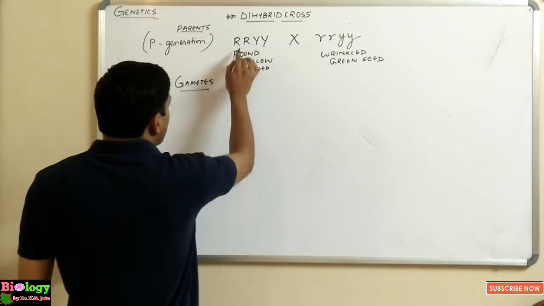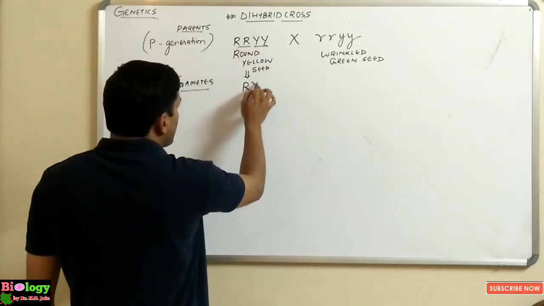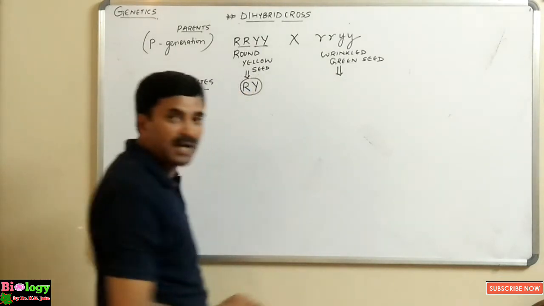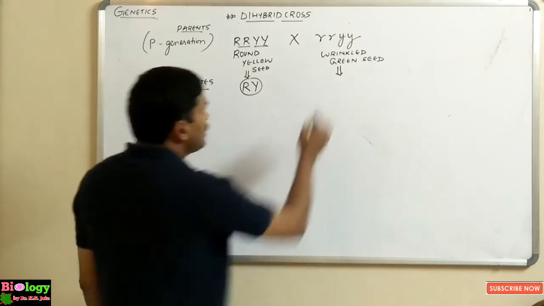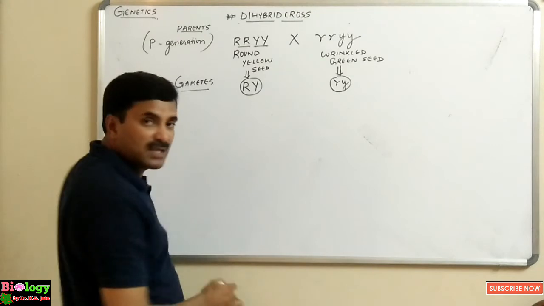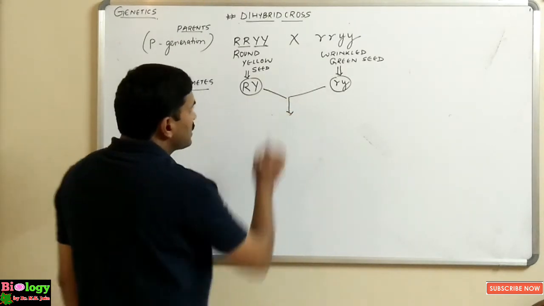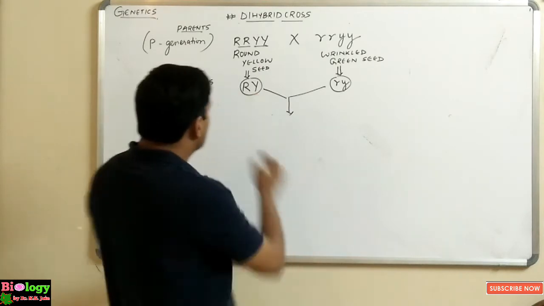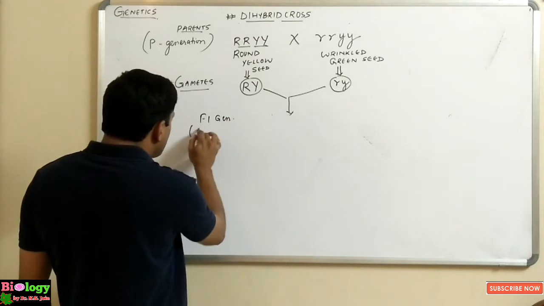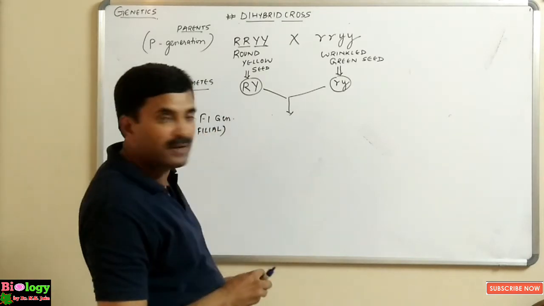The gametes formed by capital R, capital Y will be capital R and capital Y, and the gametes formed by small r, small y will be small r and small y. To get the F1 generation, we cross these gametes. F1 generation is the filial generation.